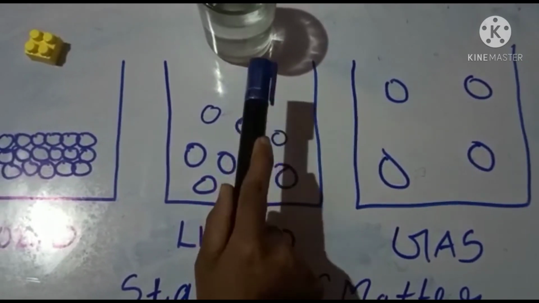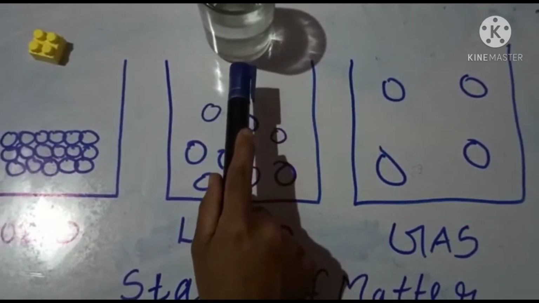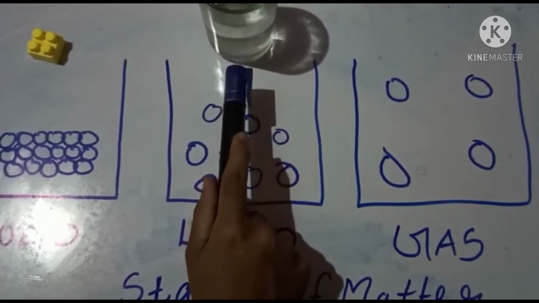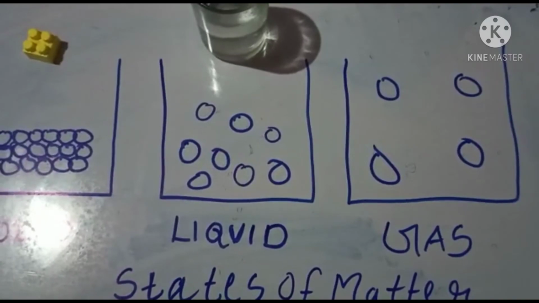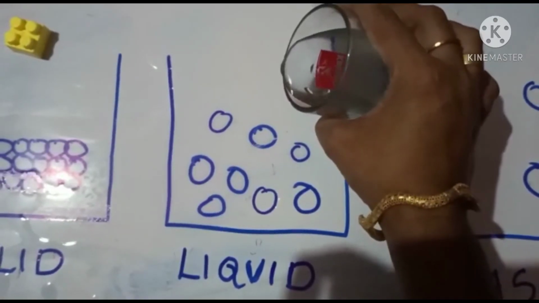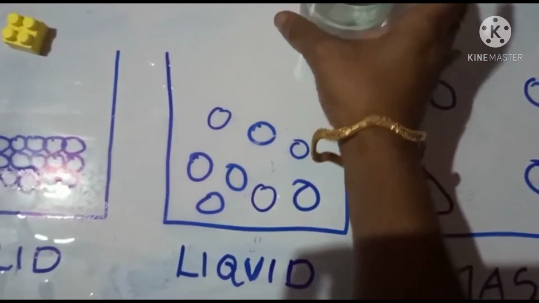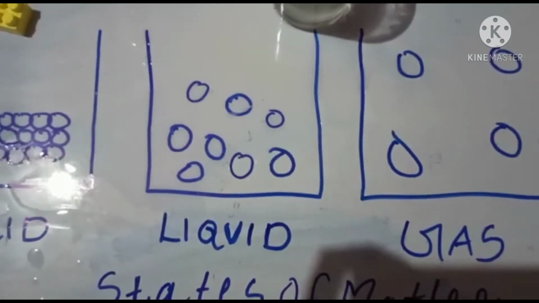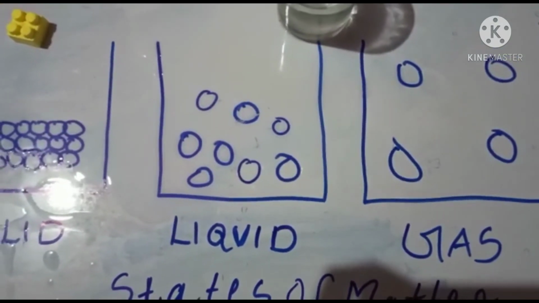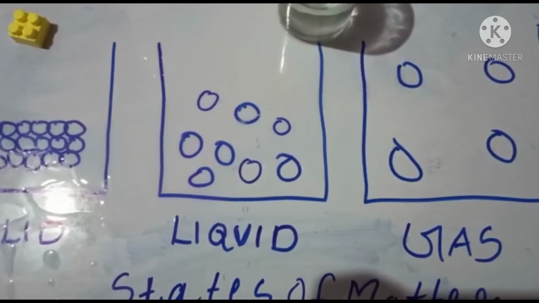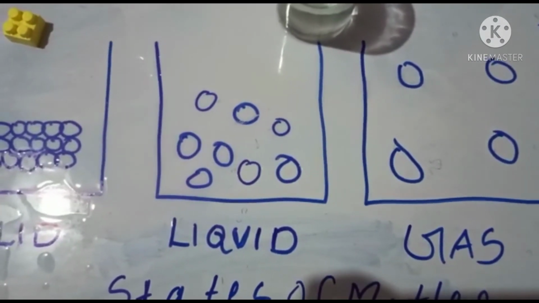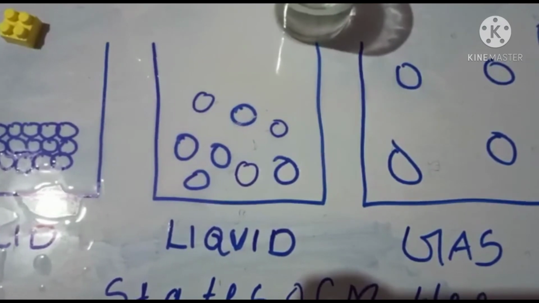Then the shape of this water depends upon the shape of this glass. If I pour some water on this surface, what happens? There is no shape for water, and its shape depends upon the container in which it is placed.